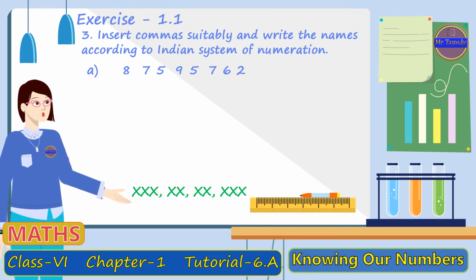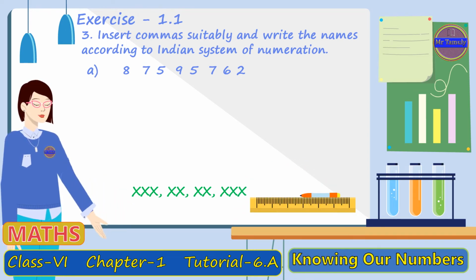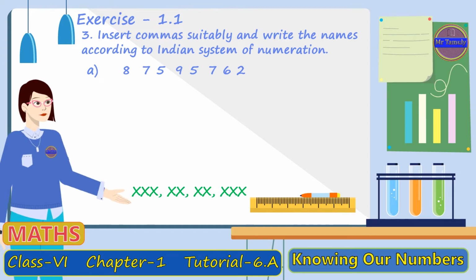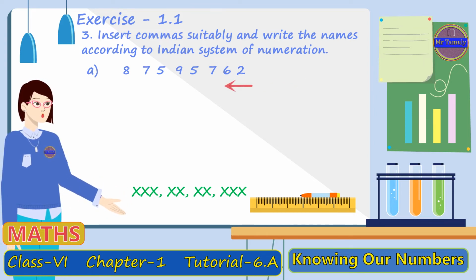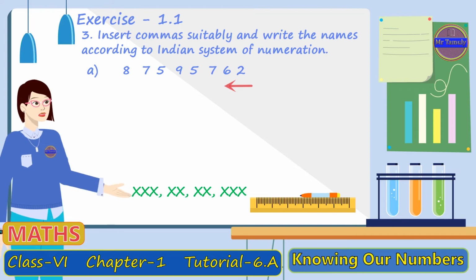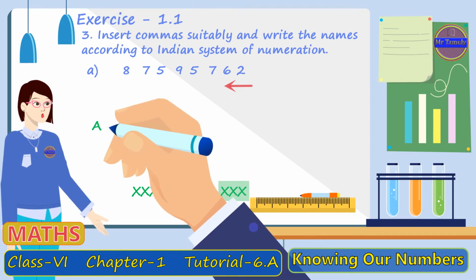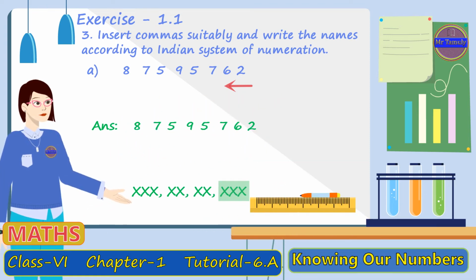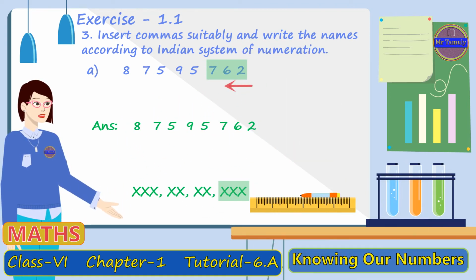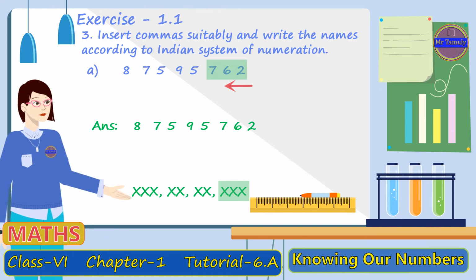While trying to ascertain the name of a number, you should place the commas from right to left. As per the format, we are to place the first comma after the first 3 digits. In our number, the first 3 digits are 762. So we shall place the first comma after 2.